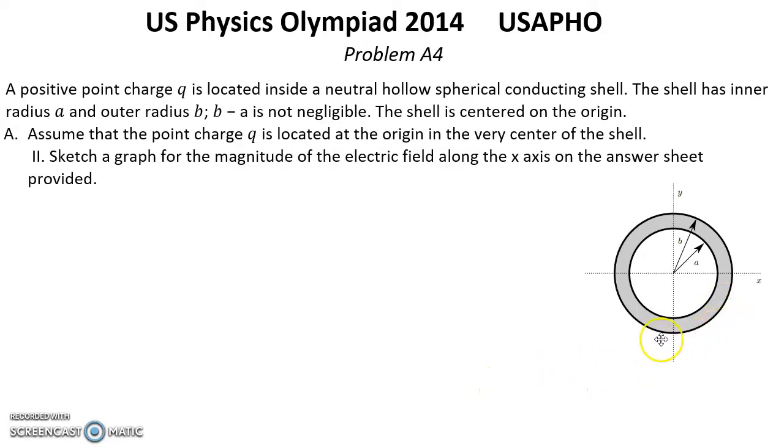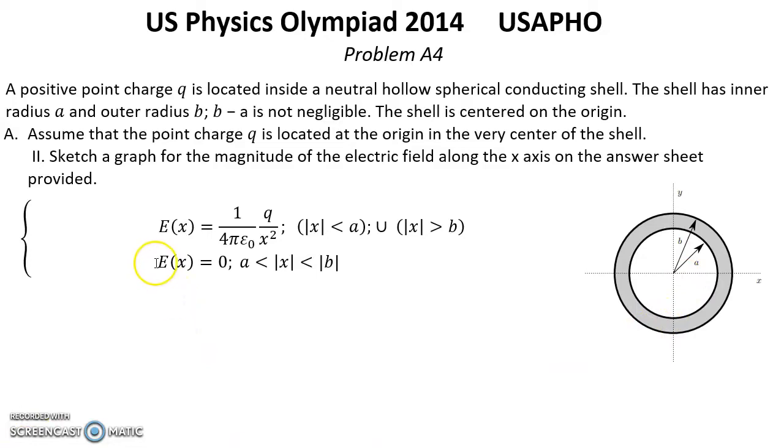It means that inside the conductor the electric field is zero due to Gauss, and inside the shell at distance less than a, the electric field is the same as for a point charge, and we can sketch the graph.